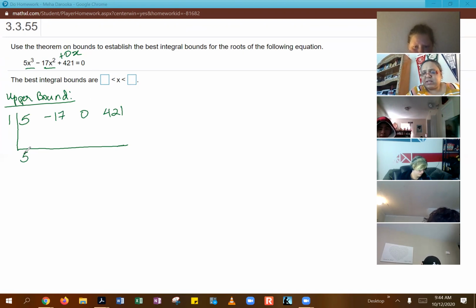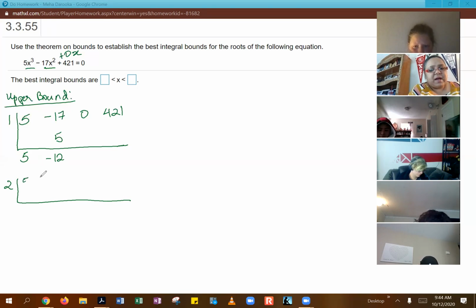We do not change anything on that. 5 times 1 will be 5. You add that with negative 17, which will end up giving us negative 12. And I actually wouldn't go any further than that, because you are supposed to have non-negatives in your bottom row. So the moment you hit a negative, this number is not going to work. So you can just leave it there and move on to the next number.